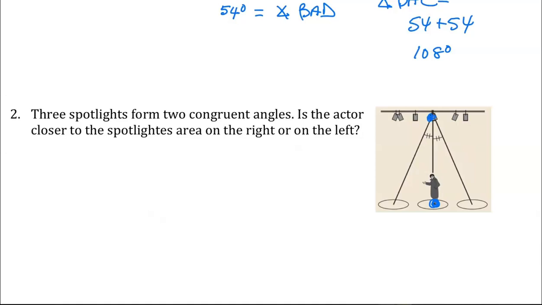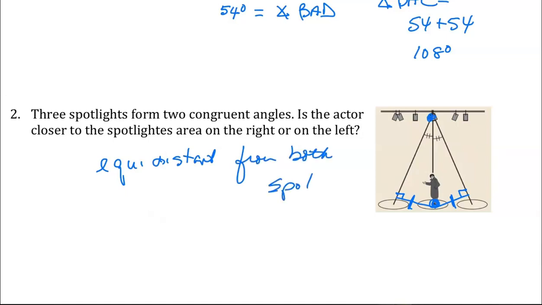If he's on the angle bisector, then that means that the distances to the spotlights are going to be equal. Okay, so he is equidistant from both spotlights.